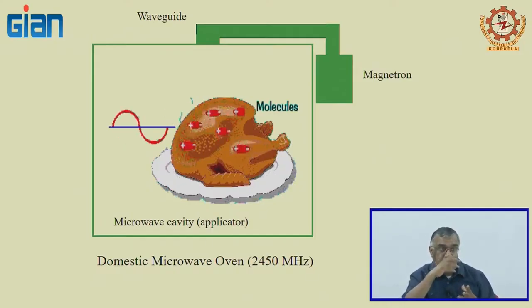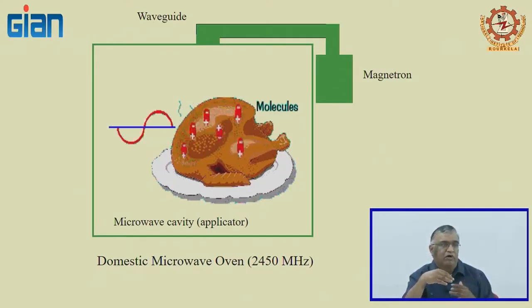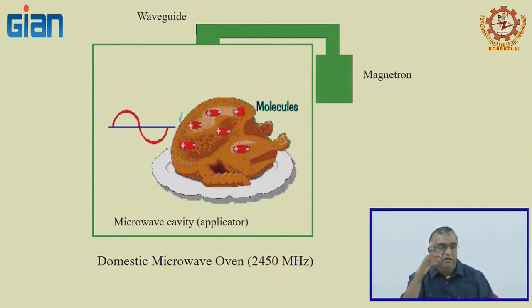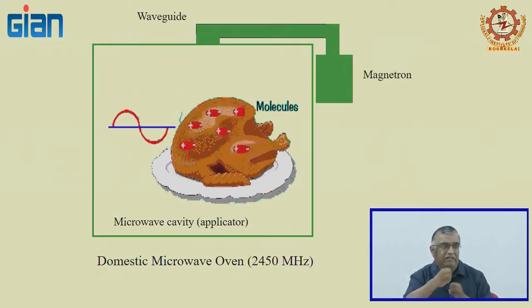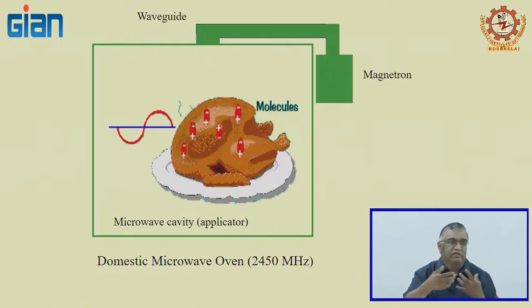Hertz is 1 over second, so it is 10^6 per second. The field is moving up and down very rapidly. The water molecules try to follow that frequency and also move up and down. When they do, they collide with adjacent molecules, creating friction, and that results in a temperature increase. That is how the microwave creates heat.